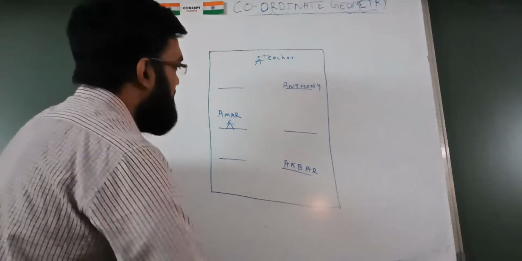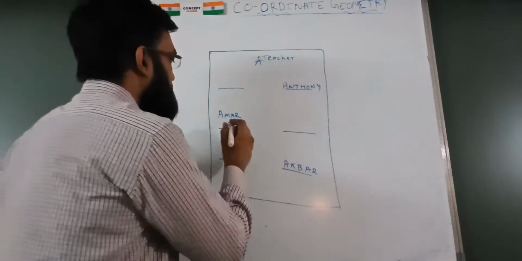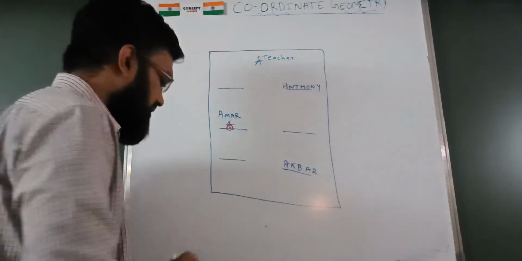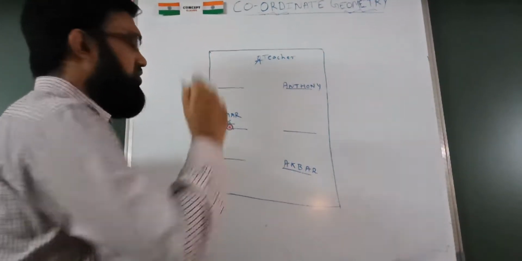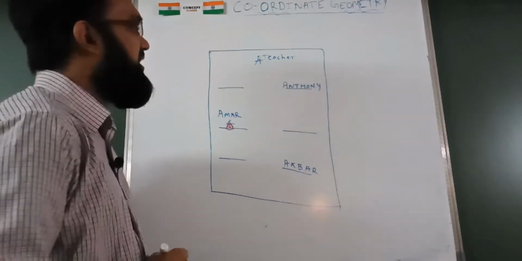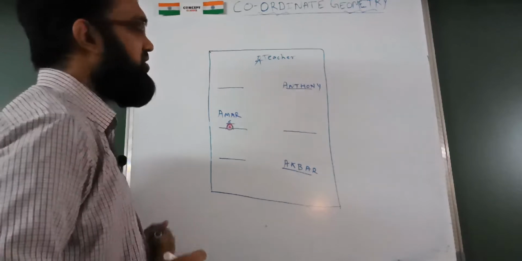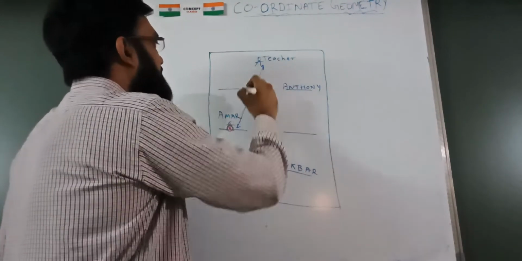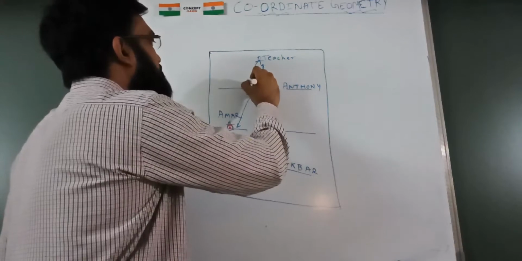So where is Amar? Amar यहाँ पे है. So suppose this point here represents Amar. Amar यहाँ पे, right? So you have to tell the position of Amar. तो सबसे पहले Amar, he himself tells that, okay teacher, my position is I am at a distance of 20 meters from you.